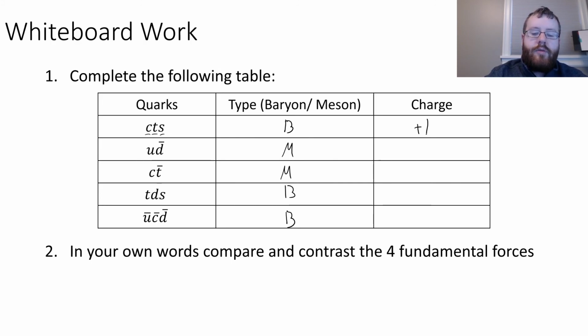So we have a plus 1 charge. An up has a plus 2/3, and an anti-down has a plus 1/3. Keep in mind, if we have that dash above it, that means we're taking the opposite of that charge, so plus 1. And you guys can go across and try these out, but these are the answers right here.